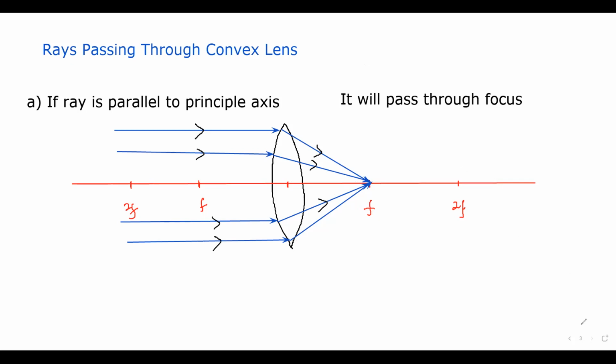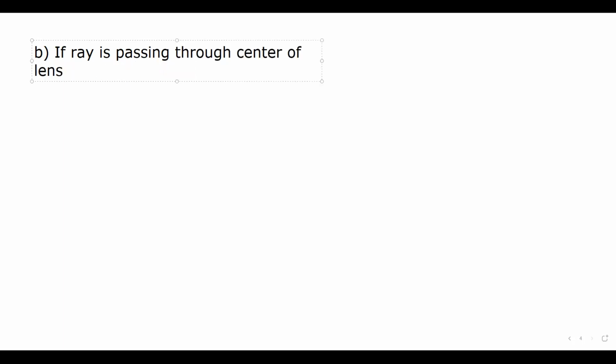Then the second ray diagram, if a ray is passing through the center of the lens. For example, this is a lens.